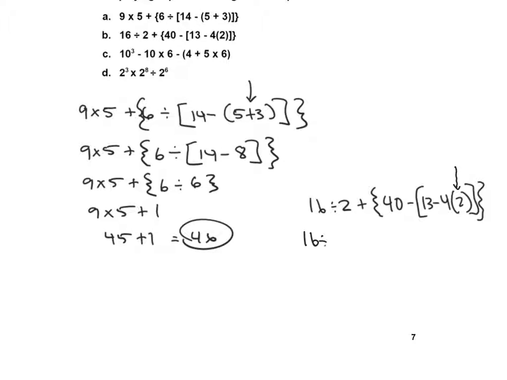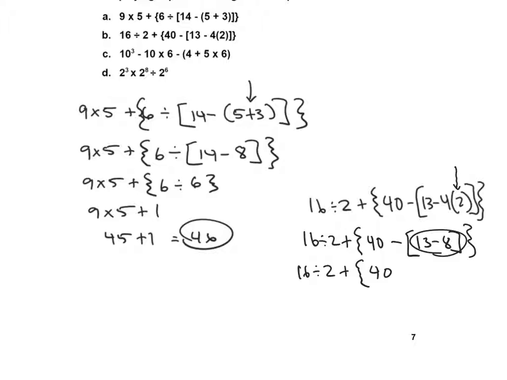So we'd have 16 divided by 2 plus the brace of 40 minus 13 minus 8. Close everything off. I'm still working inside here. So that'll be 40, take away 5, and that's going to be 35.